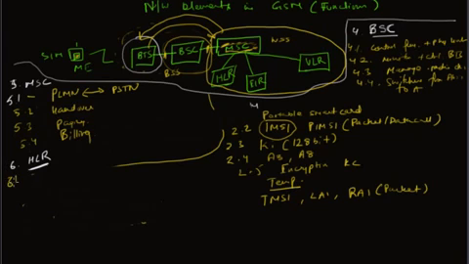Let's see what it stores. The International Mobile Subscriber Identity is the first piece of information it stores. The second is the MSISDN number, which is the cellular number of the subscriber, stored in the HLR. HLR is the home location register of the mobile.